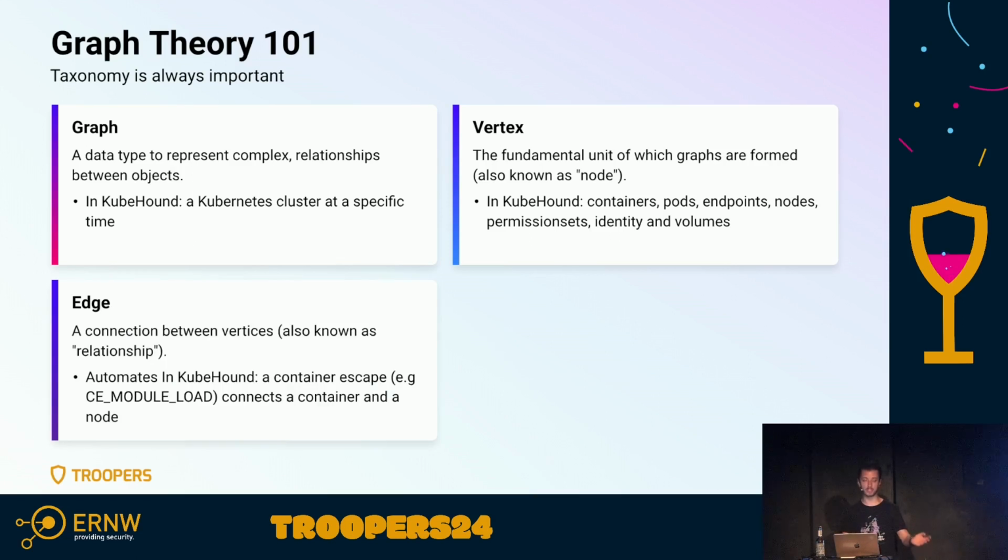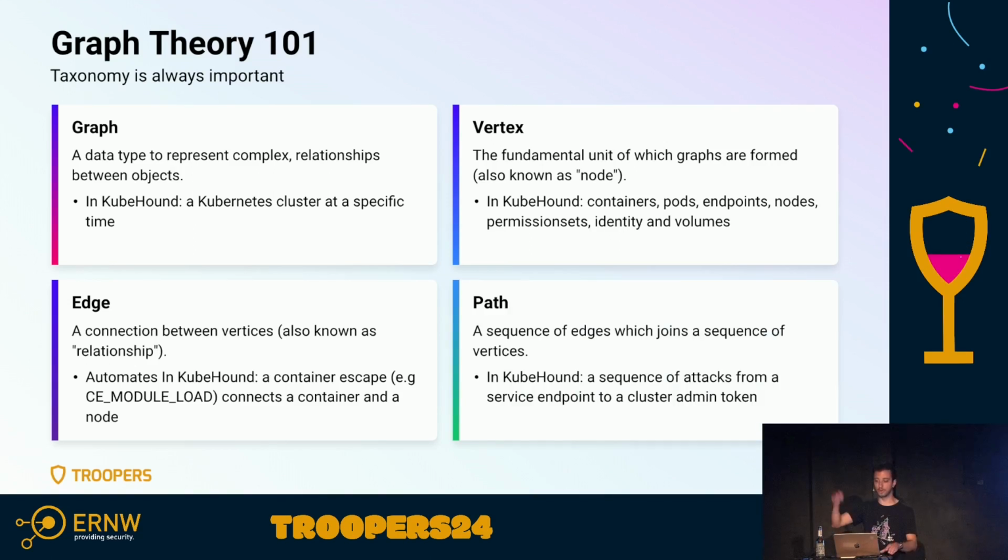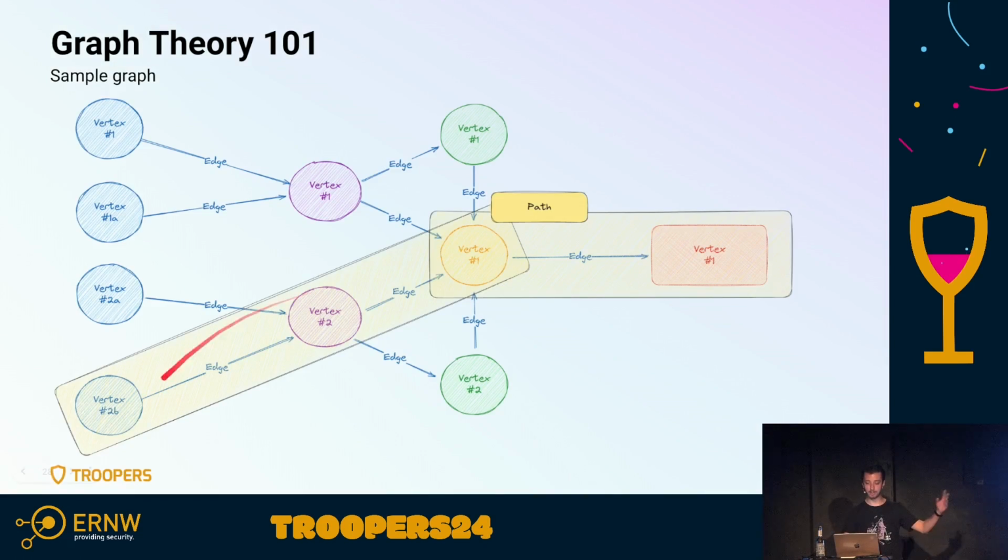You have edges, which link one vertex to another, and when several vertices are linked by several edges, that is what you call a path. So if we output it here, you get vertices linked to one another by an edge, and you get a full path when you link more of them together.